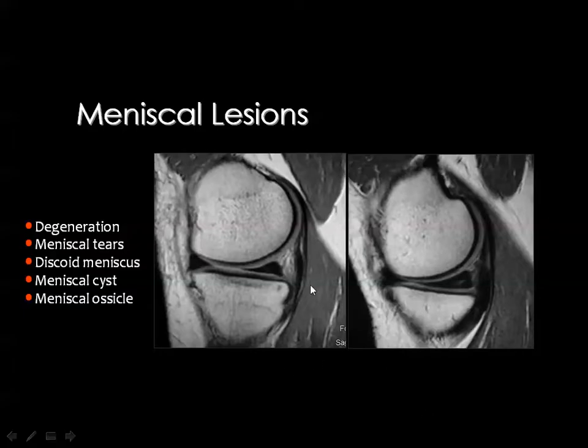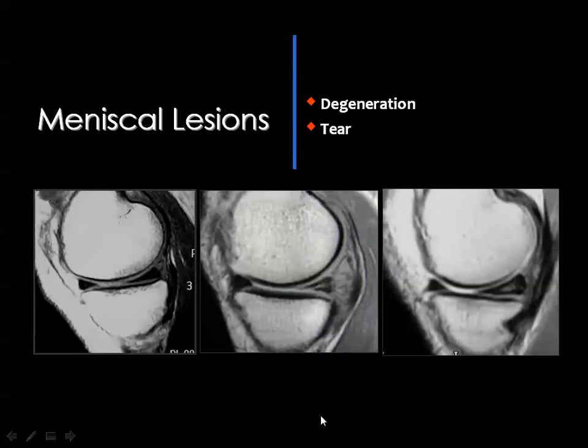We have agreed upon that the normal appearance of the meniscus is triangular in shape, which is dark in all pulse sequences, and if there is any abnormality inside this triangle, we consider it abnormal meniscus, and we have to differentiate between meniscal degeneration and tear.